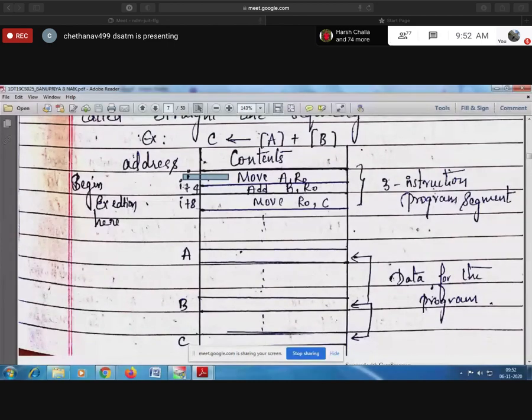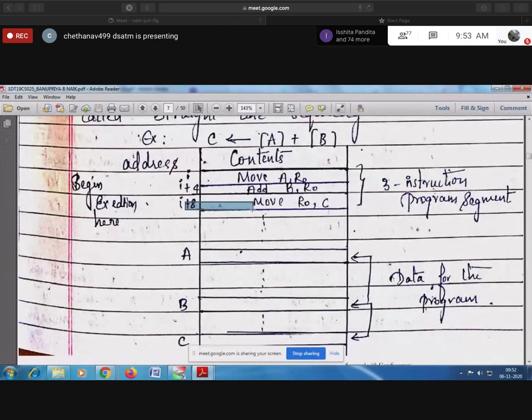Next, add b comma r naught will execute. Next, move r naught comma c will execute. This is known as sequential instruction execution. Sequentially, one by one, instructions will execute.